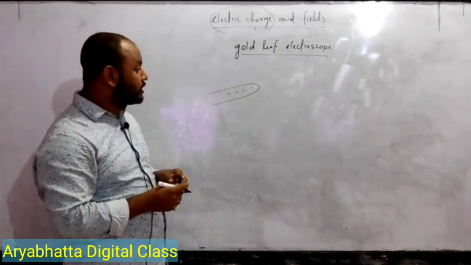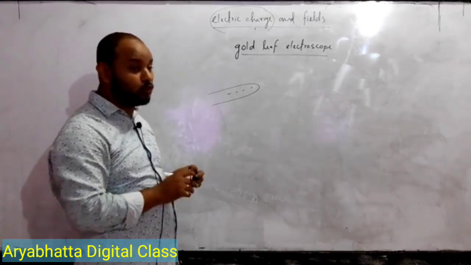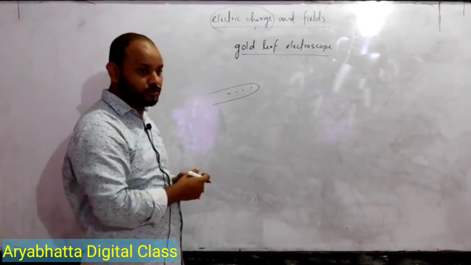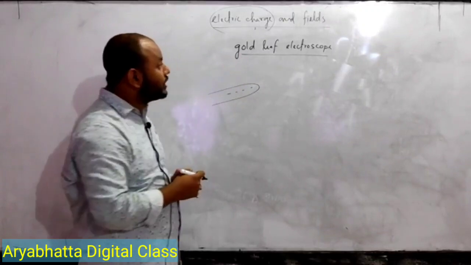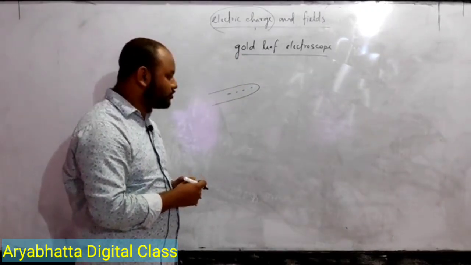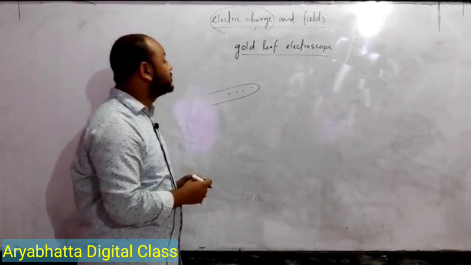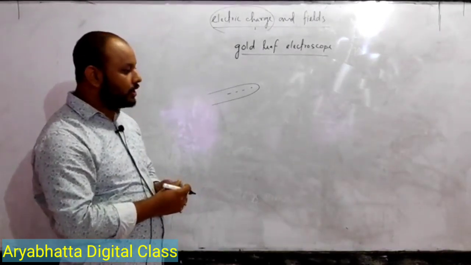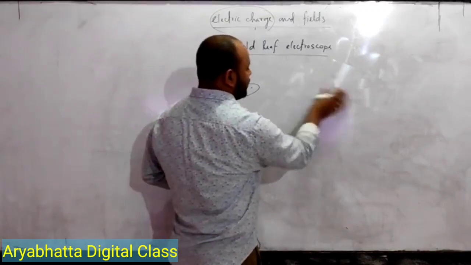How much negative charge will appear on that plastic rod? We don't know, because we cannot see the electrons. With the help of a gold leaf electroscope, we can detect the amount of charge present inside this plastic rod. Okay, the apparatus is like this.